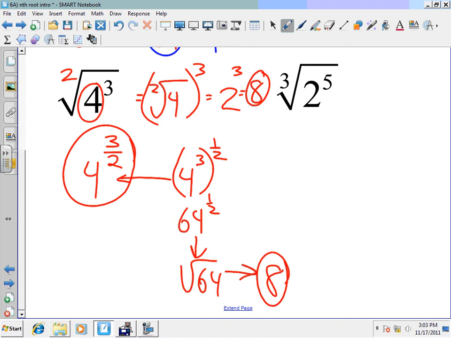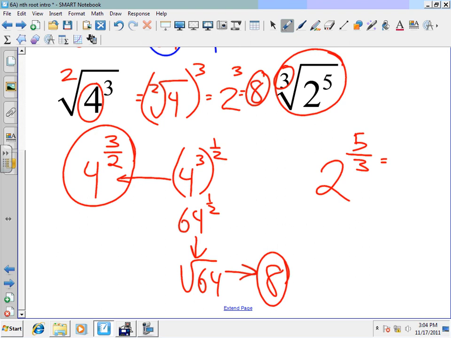Now, how do I write this as a rational exponent? I'm going to start with the base of 2. Start with a fraction. The index goes in the bottom. The exponent on the inside goes in the numerator. And again, I really can't take the cubic root of 2. That's too hard. So I'm going to make it 2 raised to the 5th power, which is simply going to be 32.